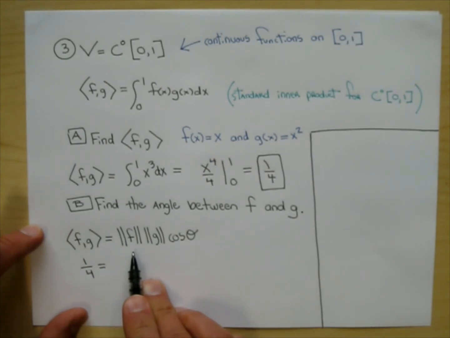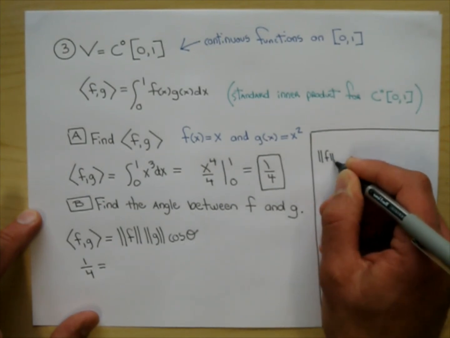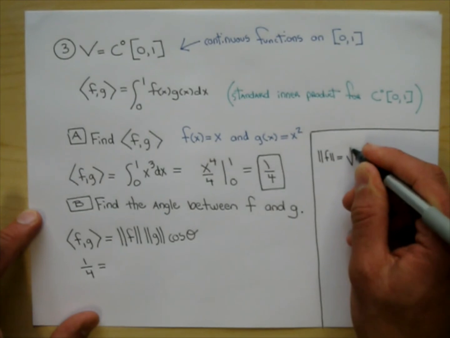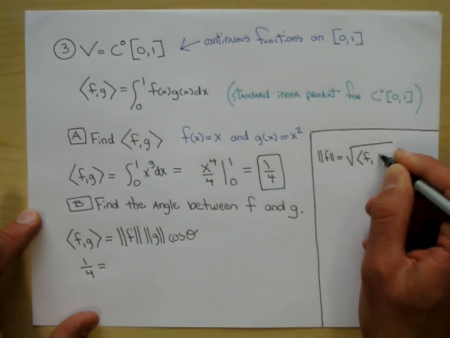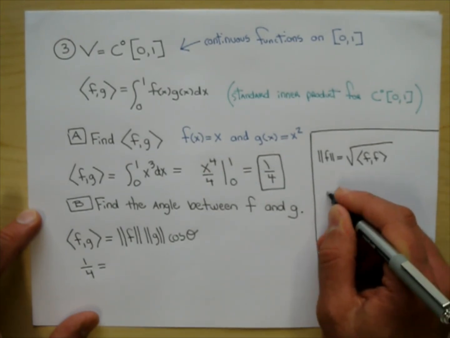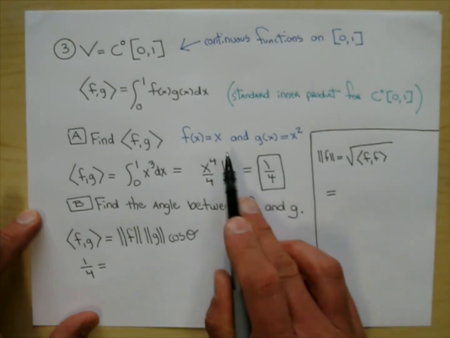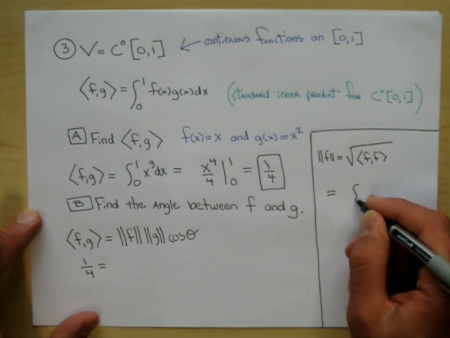Okay, length of f. Well, what the length is, it's the square root of the inner product of f with itself. Okay, so f looks like x. So if I go x times x, that's x squared.